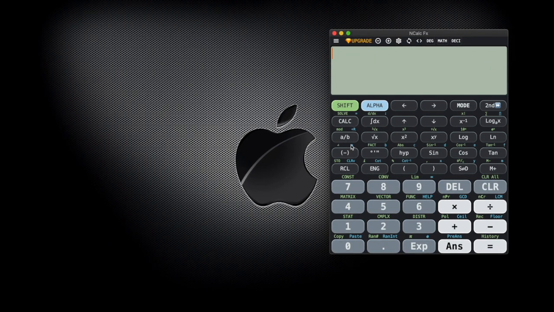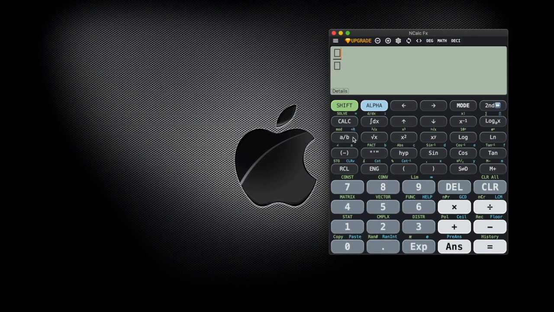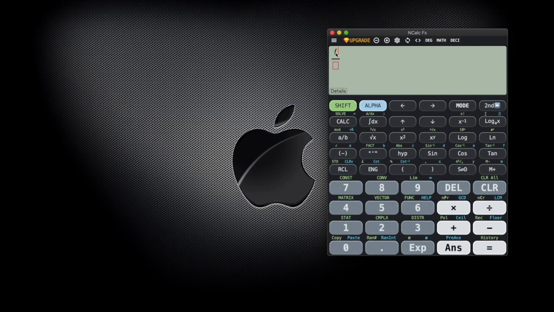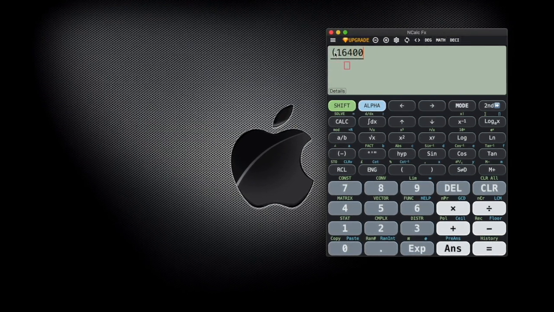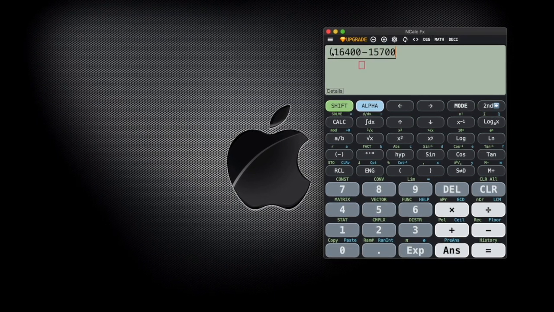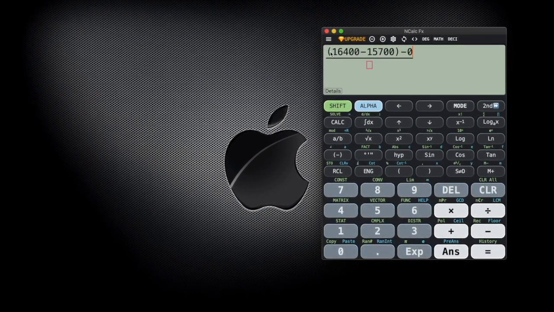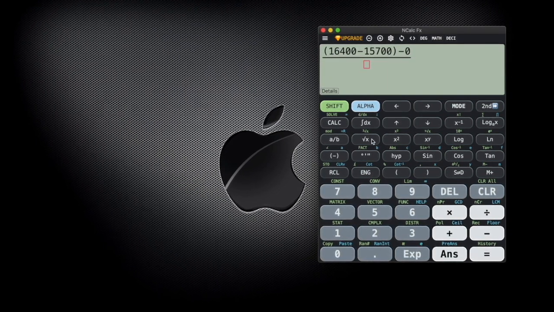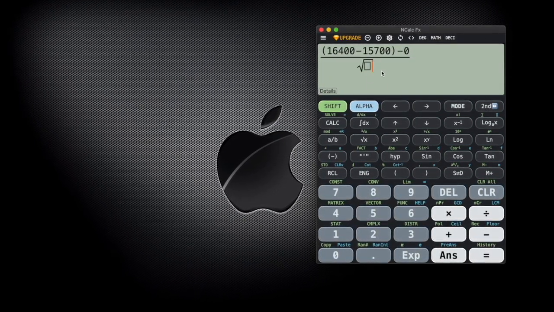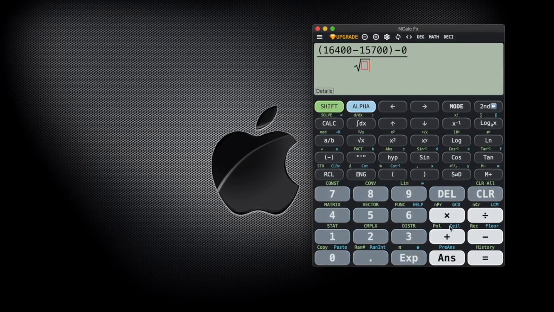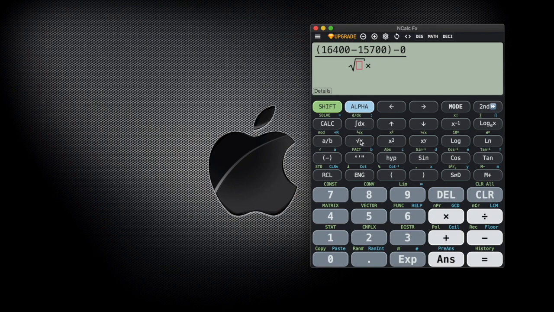So we have numerator and denominator. For the numerator, we have here 16,400 minus 15,700. Of course, minus 0. All over our denominator, we have two denominators here.